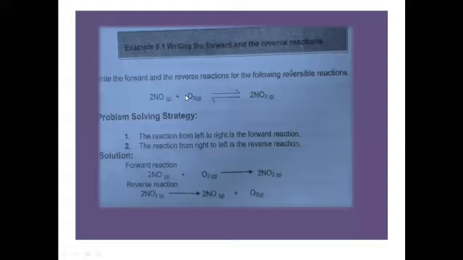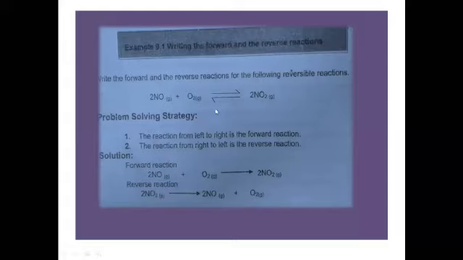And when the state is reached where the rate of forward reaction is equal to the rate of reverse reaction, that state is called the equilibrium state. Now in this example, they ask us to write the forward reaction and the reverse reaction for this reversible reaction.